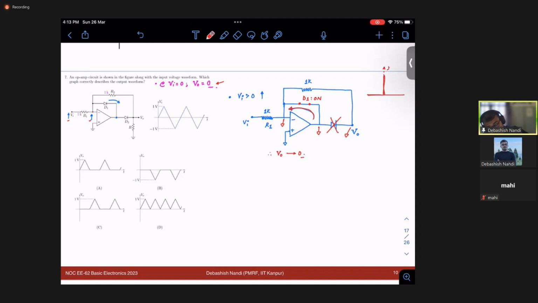If this is my I axis, this is my V axis, this is my ideal diode characteristic. So my V0 will hold the same value which it was earlier set when I was at this point. At this point, my V0 was 0.